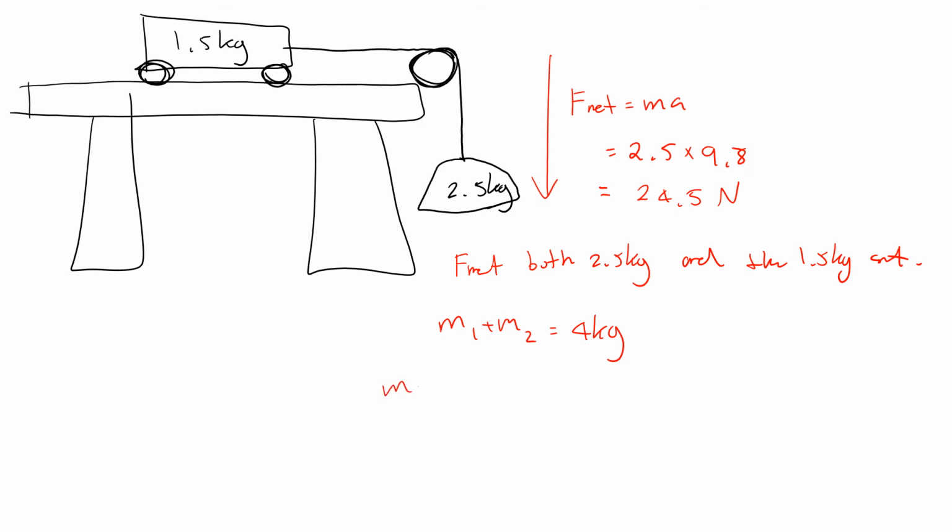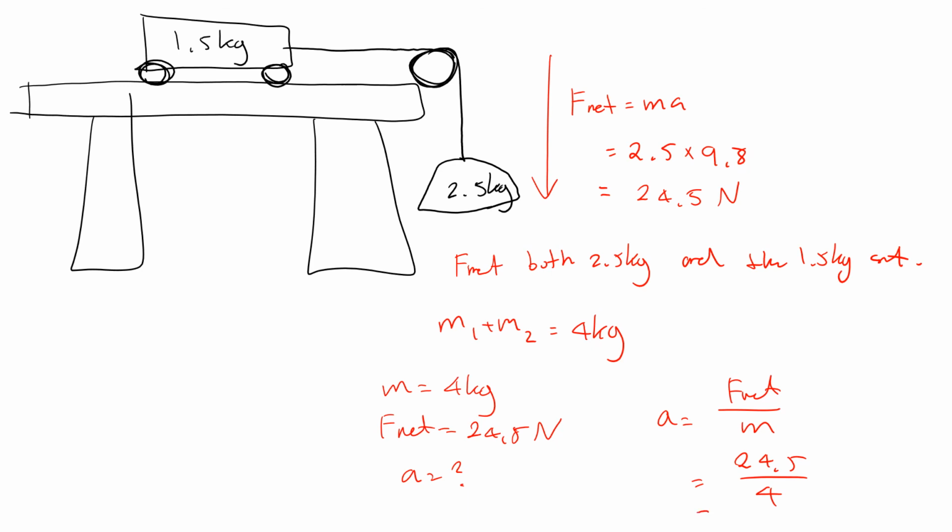So the mass is 4 kilograms, the net force is 24.5 newtons, and acceleration is unknown. We use the formula a is equal to F net over m to find the acceleration. So it's 24.5 over 4, which is equal to 6.1 meters per second squared. And always add a direction, so the cart is getting pulled towards the right, so we're going to put right at the end of our answer.